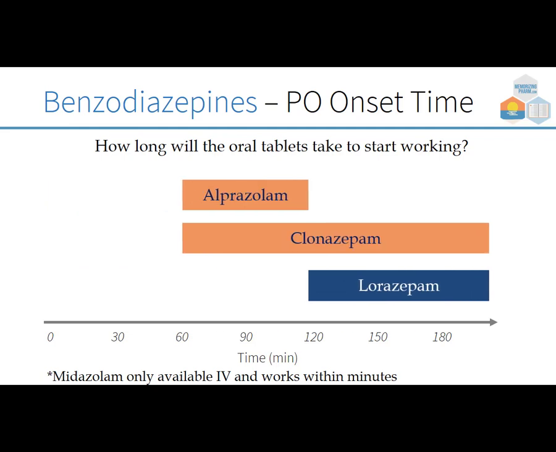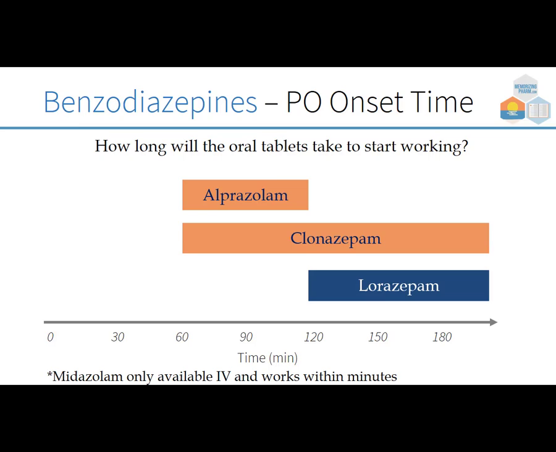Benzodiazepines, PO onset time, PO meaning per os or by mouth. So how long would these oral tablets take to start working? It's quite important to know that if you're going to have someone who's having a seizure right now, we wouldn't give them a tablet to hopefully stop the seizure in an hour or something like that.